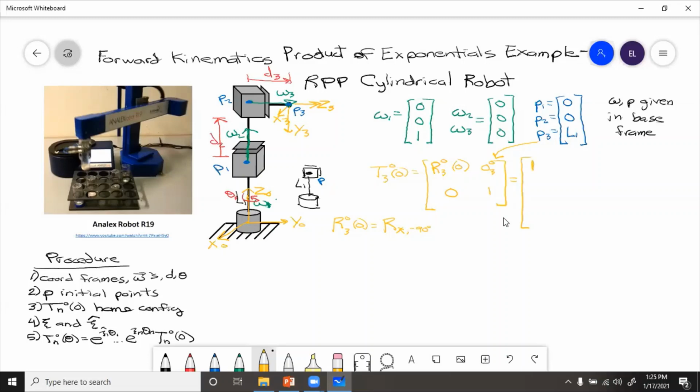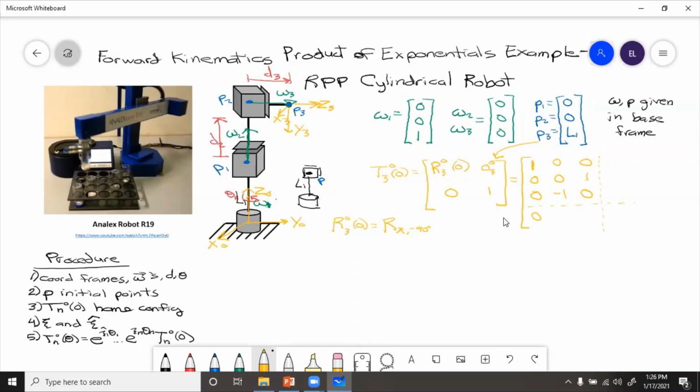We have 1 in the X spot, 0, 0, 0, 0, and then we'll have cosine, sine, minus sine, cosine. Well, cosine of negative 90 is just 0. So we've got a 0 here, a 0 here. And then sine of negative 90 is negative 1. The opposite of that is 1. So here we've got the rotation part.